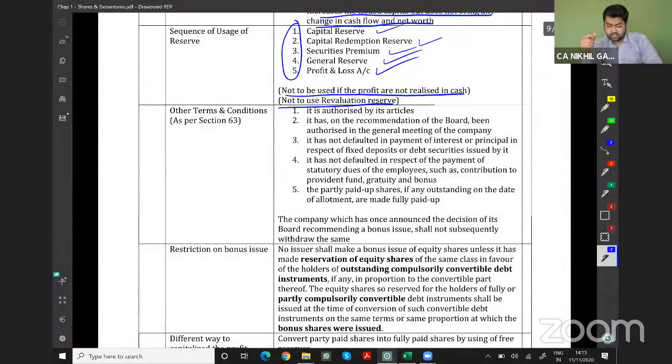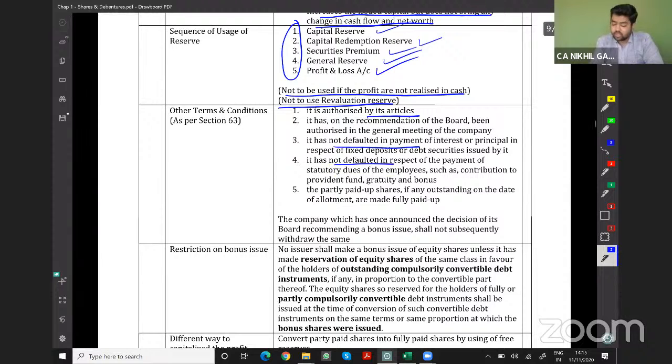Other terms and conditions: it should be authorized by the articles of association. You should remember these few points, as this can come in true or false as well as in some MCQs. It has to be recommended by the board. It has not defaulted in payment of any interest or principal amount.